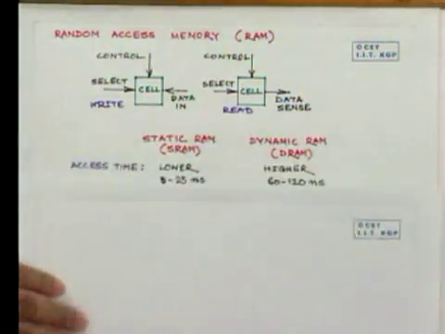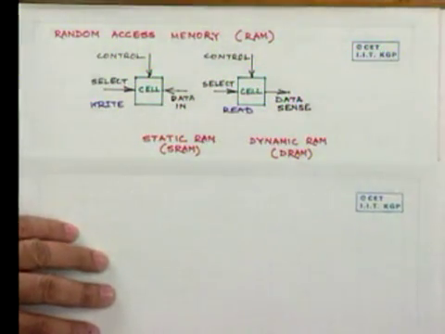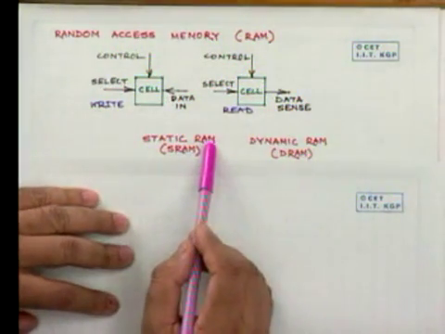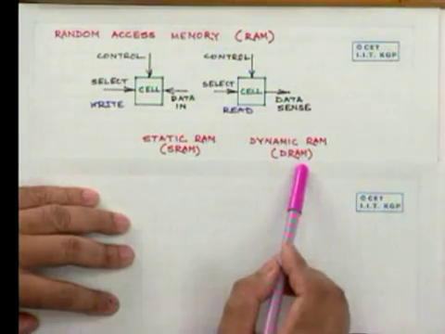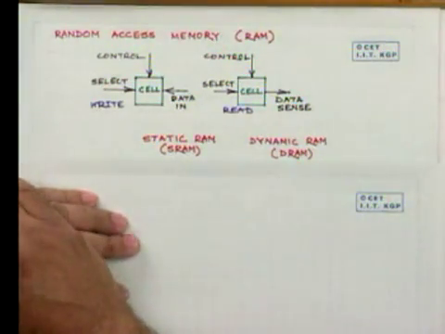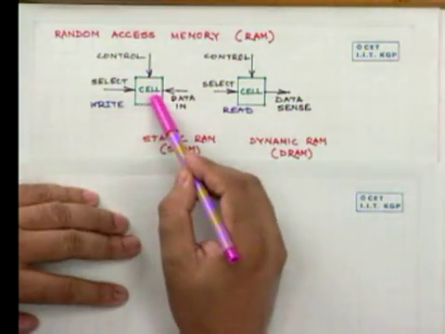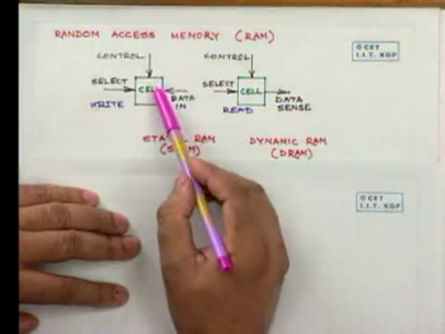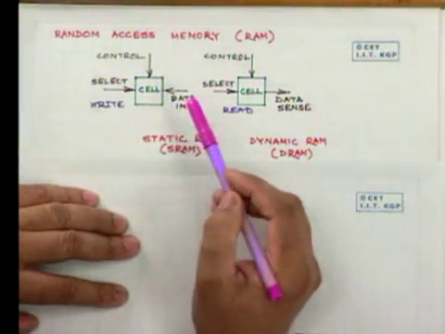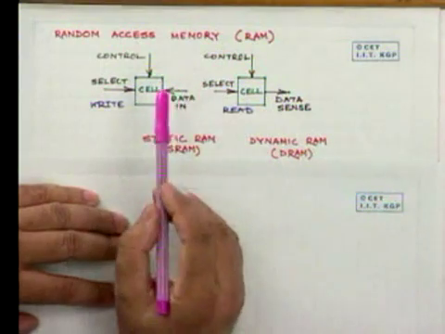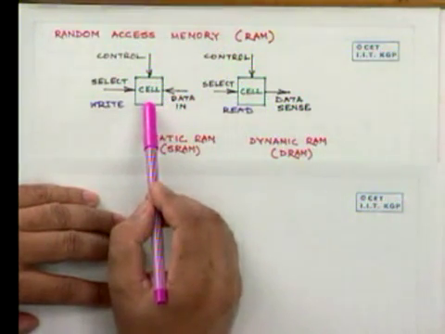The only thing that we will talk about is that there can be static RAM and there can be dynamic RAM. In the case of a static RAM, the information in the cell can be there as long as power is there. That means if a 1 is here, it remains until the power is switched off.